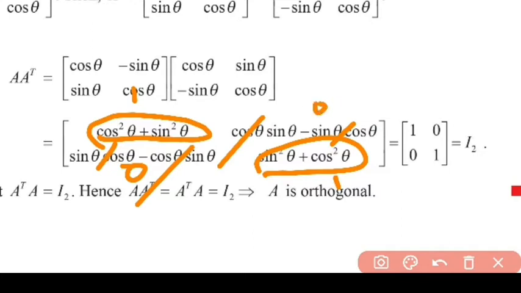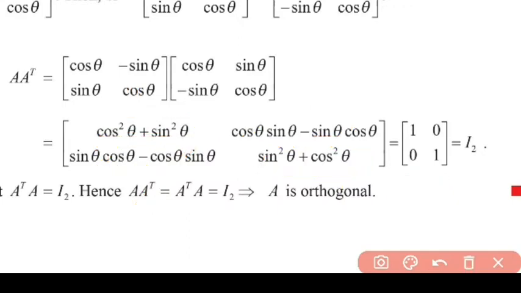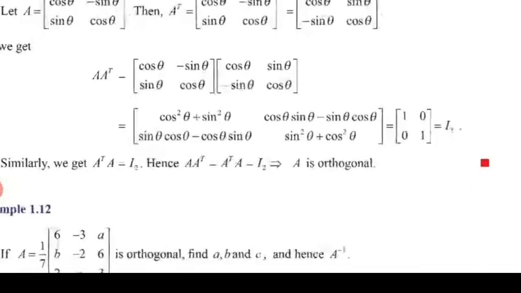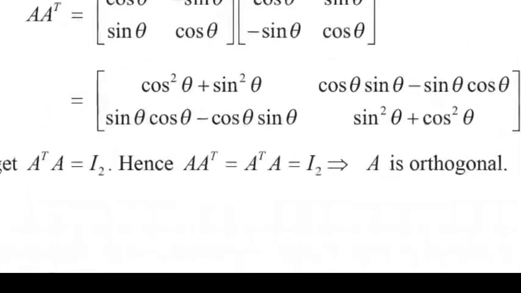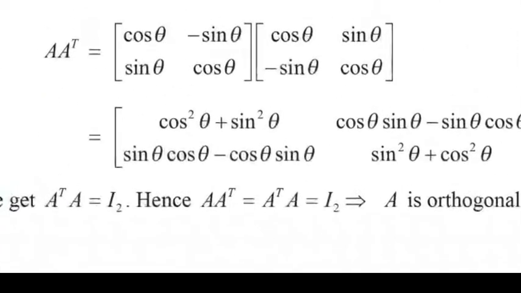So the remaining matrix is 1 0 0 1, which equals the unit matrix of order 2. Therefore it satisfies the condition. Any one condition is enough to prove that it is orthogonal. If we multiply A into A transpose and get the unit matrix, then we say that A is orthogonal.